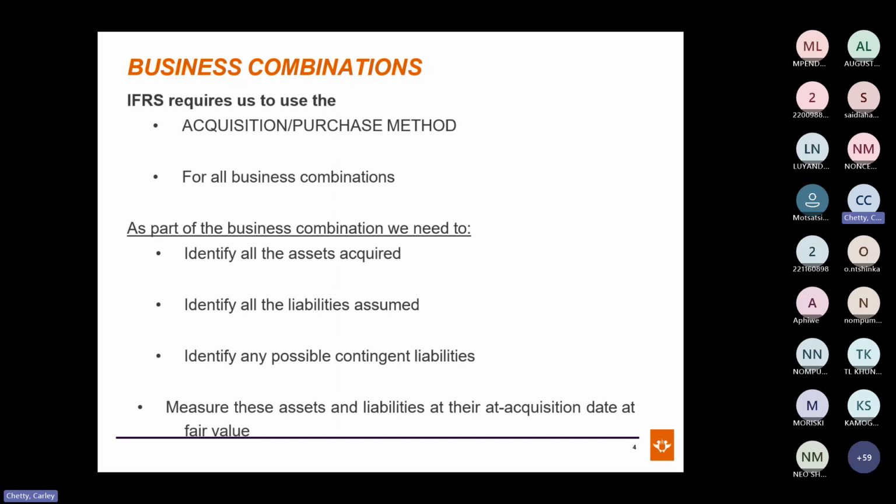Remember, we are looking at these things in the company that is being acquired. So we're identifying, are there any assets? We are identifying the liabilities, and then we're identifying any possible contingent liabilities. Then the process is to measure all of these assets and liabilities at the acquisition date. They must be measured at fair value.